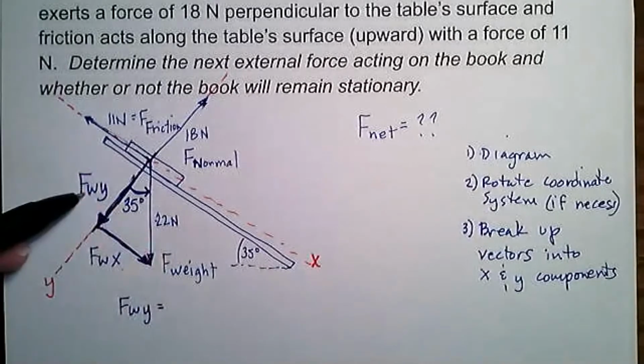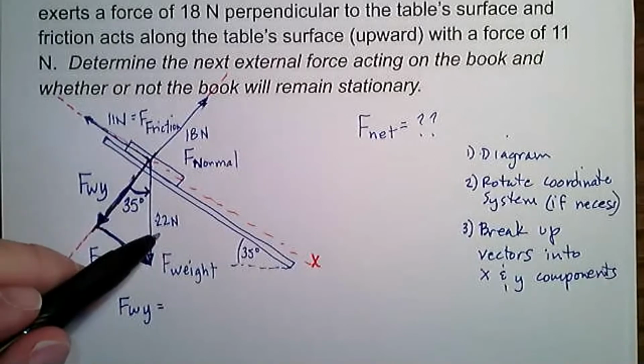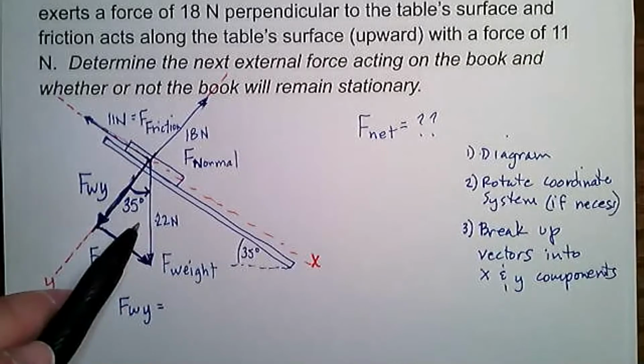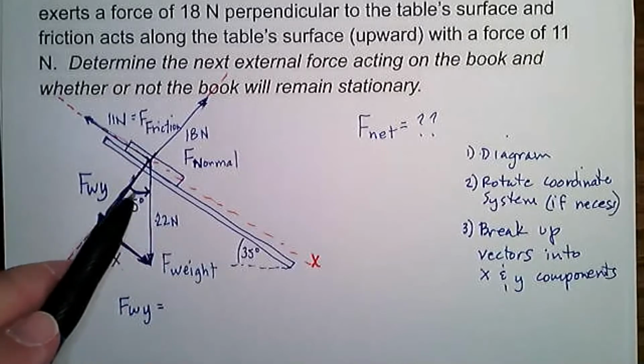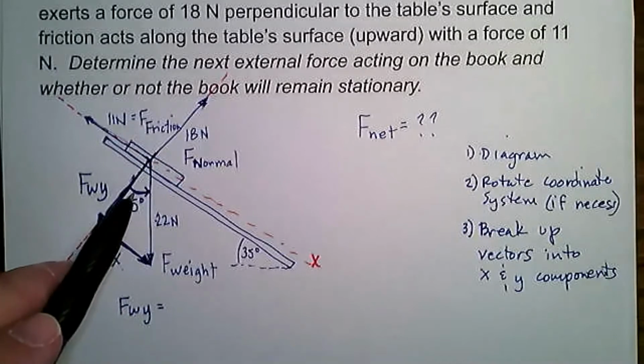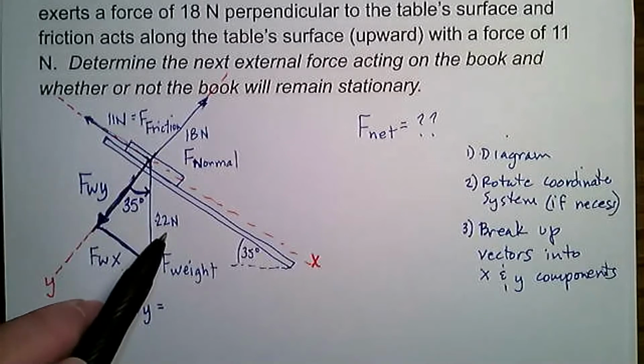FWY, if you look at it, is the adjacent side to that angle, and I know the hypotenuse. We'd use cosine here. So we would say that cosine of the angle, this is SOHCAHTOA, would equal the adjacent side, which is FWY, divided by the hypotenuse, which is 22.